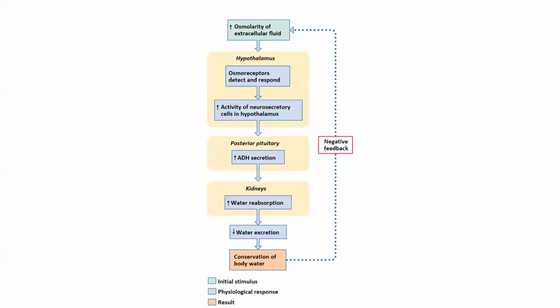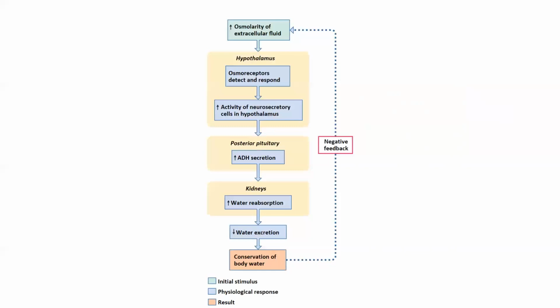All right. And this flow chart sort of is an example of how that is brought about. So let's say you have osmolality increase in your extracellular fluid, meaning that it's really salty, meaning that you're dehydrated. The signal is for the hypothalamus to detect that change. It's going to stimulate the release of ADH from the posterior pituitary, and then that release of ADH goes down to the kidney, facilitates the insertion of more aquaporins.